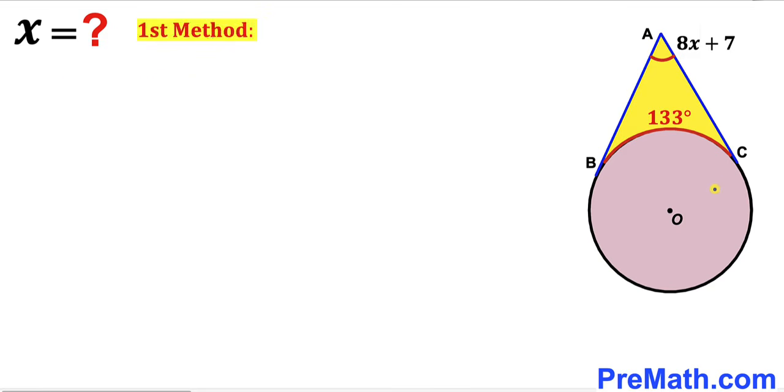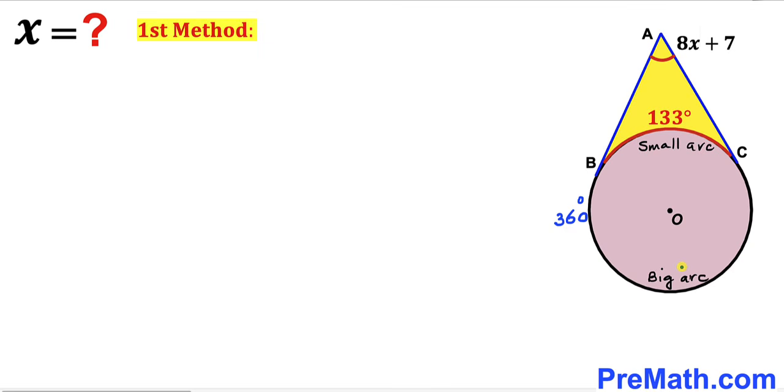Here's our very first step. Let's focus on this circle with the center O, and now on this arc BC. This is our small arc, which is 133 degrees. We know that the whole circle is 360 degrees, and the other side is going to be our big arc.